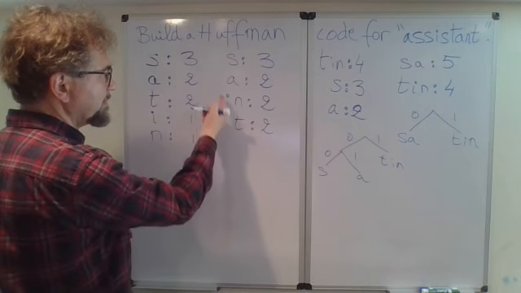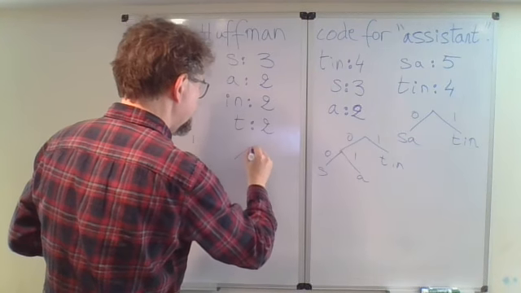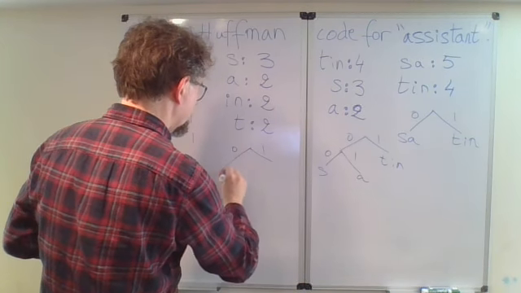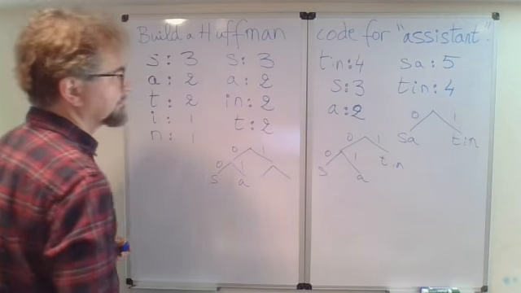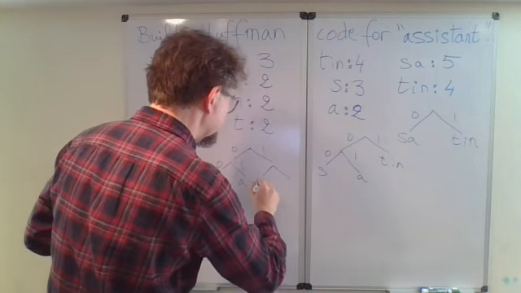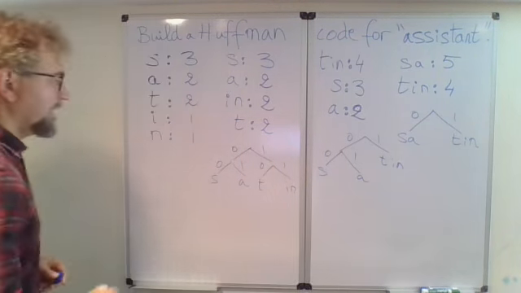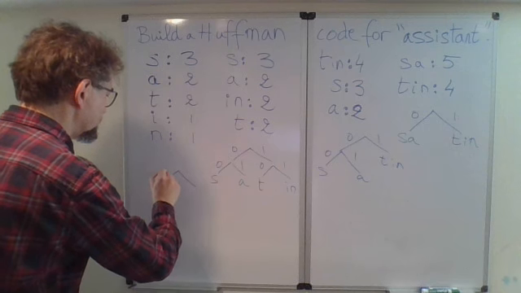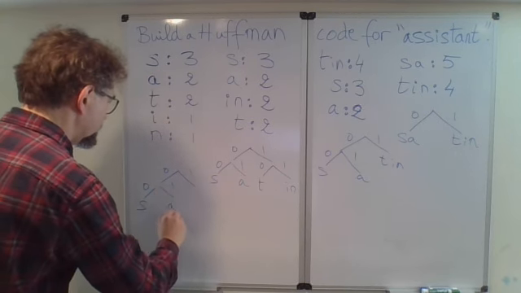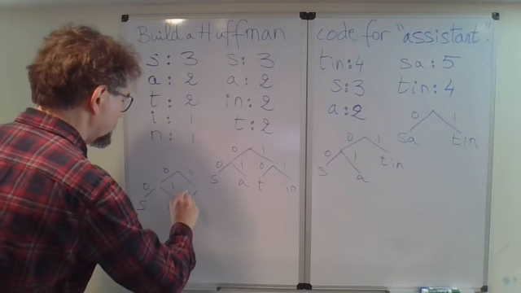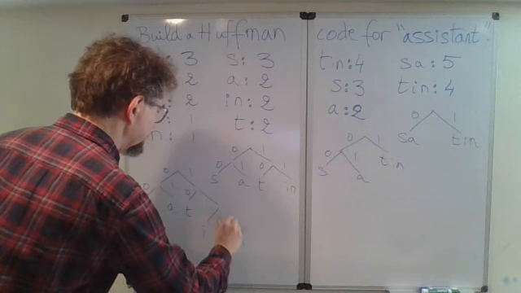We continue, so here we contracted T and IN, so our tree will get larger as we are separating the T from the IN. And then finally, we will untangle the I and the N.